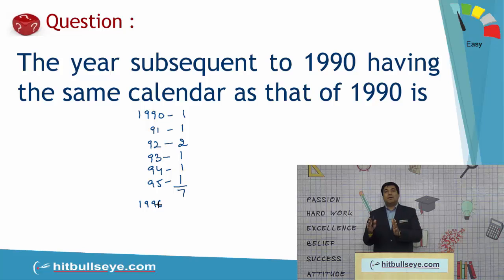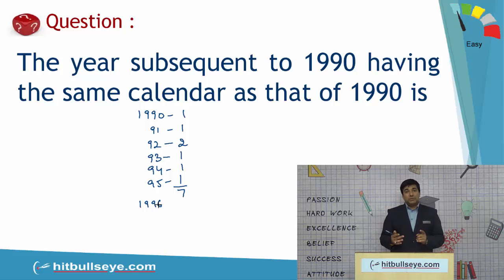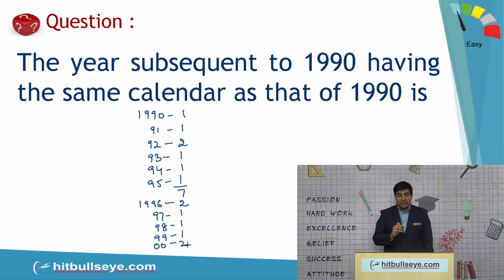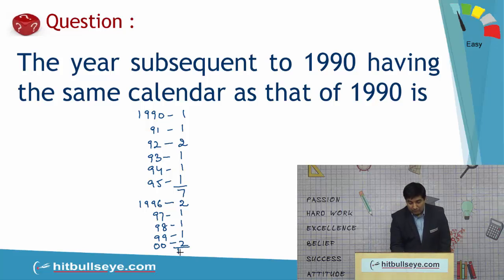So the calendar will become different thereon. So we'll now look for another multiple of 7, which is 14. Let's look where it occurs. 96 would generate 2 extra days. 97 1, 98 1, 99 another one. Now the year 2000 would generate 2 extra days. Now this figure becomes 14.